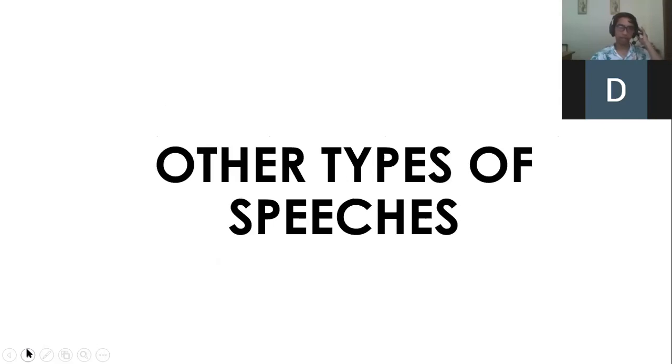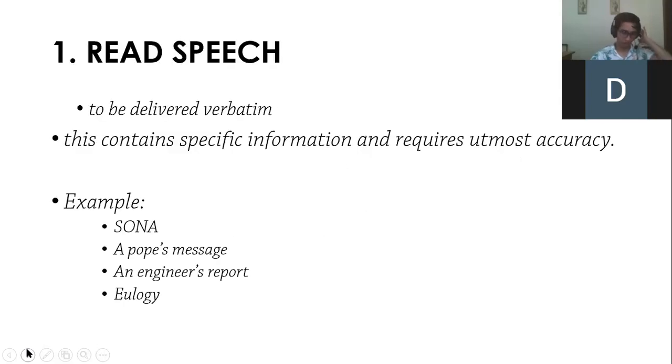Okay, let's also deal with the other types of speeches. Number one is the read speech, to be delivered verbatim. When we say verbatim, it's word by word, because it's a read speech.